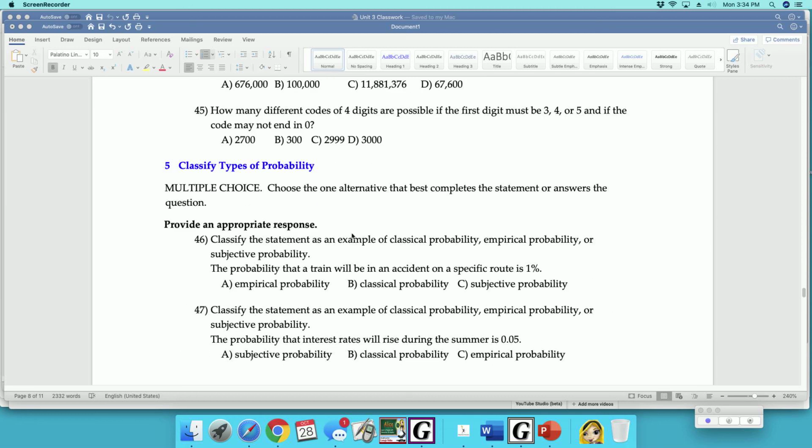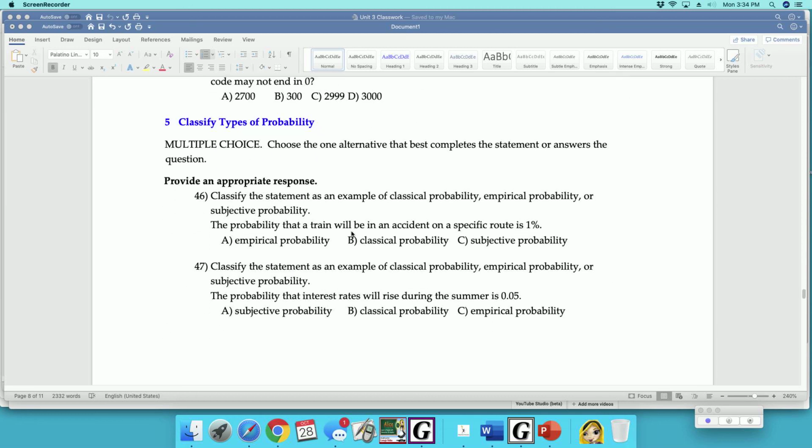Classifying types of probability. All right, so we have classical, which is kind of like laboratory, empirical, which is based on statistics, or subjective, which is gut feeling. Classify the statement as an example of classical, empirical, or subjective. The probability that a train will be in an accident on a specific route is 1%.